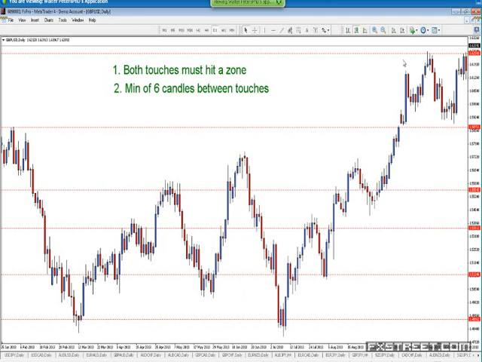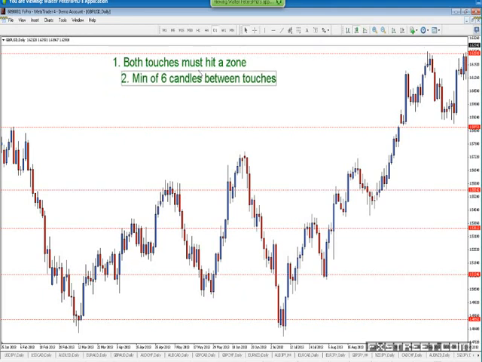Now, the next thing that we want to see is what's called a trigger candle, or basically the candle that kicks off the trade. There are 2 types of trades we're talking about today. There are what I call moolah trades, which are double tops, and this one fits the moolah, these 2 touches.